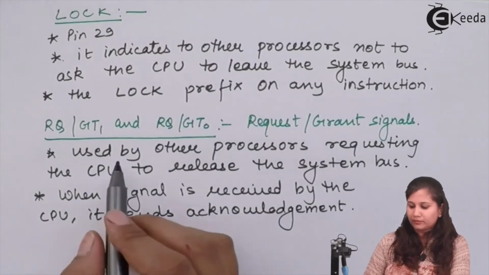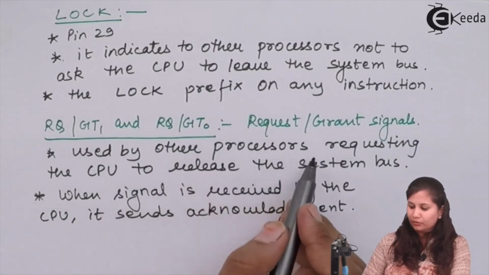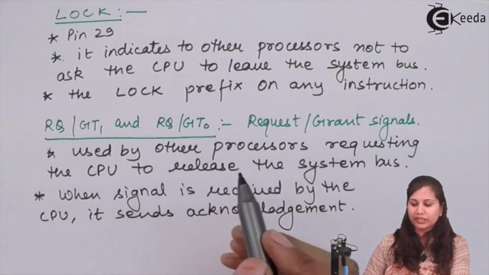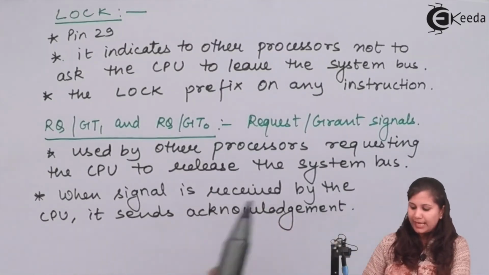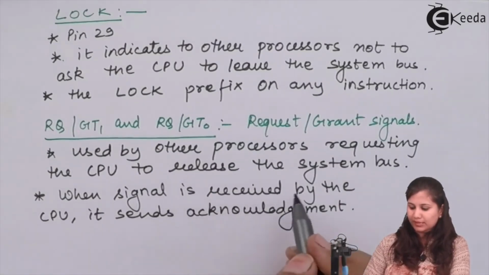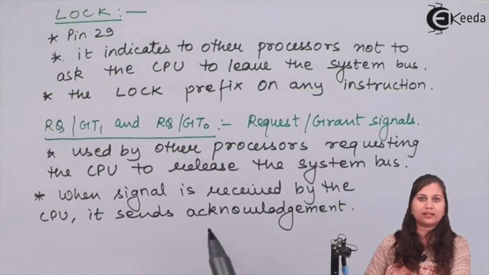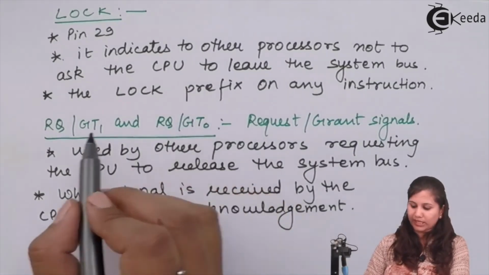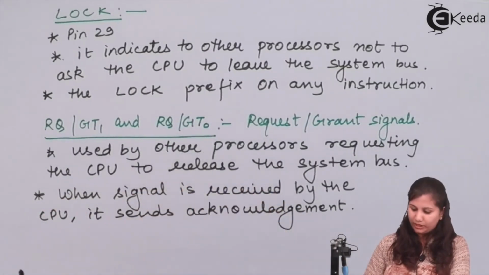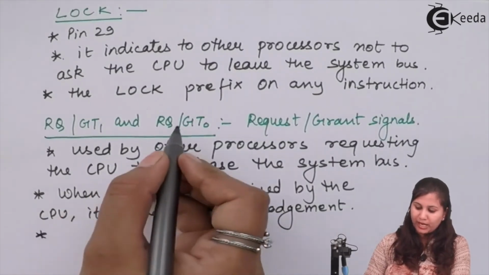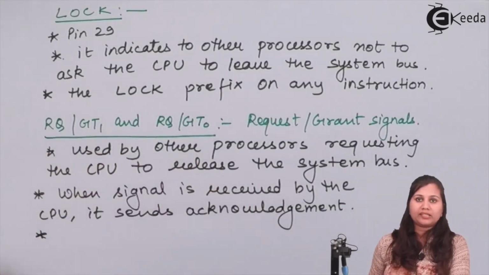So when the processors request the CPU to release control of the system bus, and this request is received by the CPU, it sends the acknowledgement, meaning it sends the grant signal. Now suppose two input output devices want to communicate at the same time, so two requests will be generated. How to decide the priority?